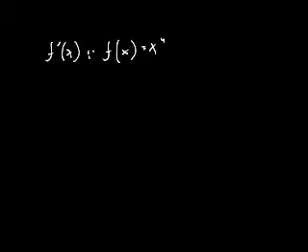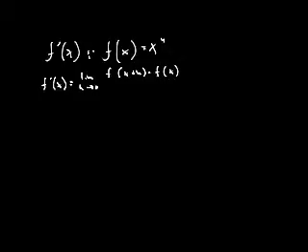So what we would say is f prime of x equals the limit as h approaches 0 of f of x plus h over h. Right now all we're doing is rewriting our formula again, the formula that we just came up with.